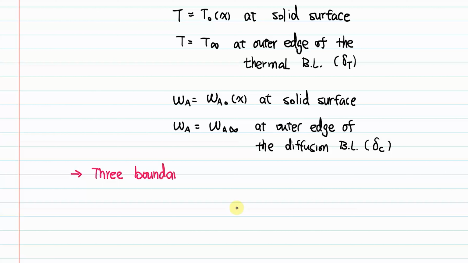Namely the velocity, the thermal, and the diffusion boundary layer, that may each have different thicknesses. So we'll say 3 thickness, namely the velocity boundary layer delta, the thermal boundary layer delta sub T, and the concentration or diffusion boundary layer delta sub C.